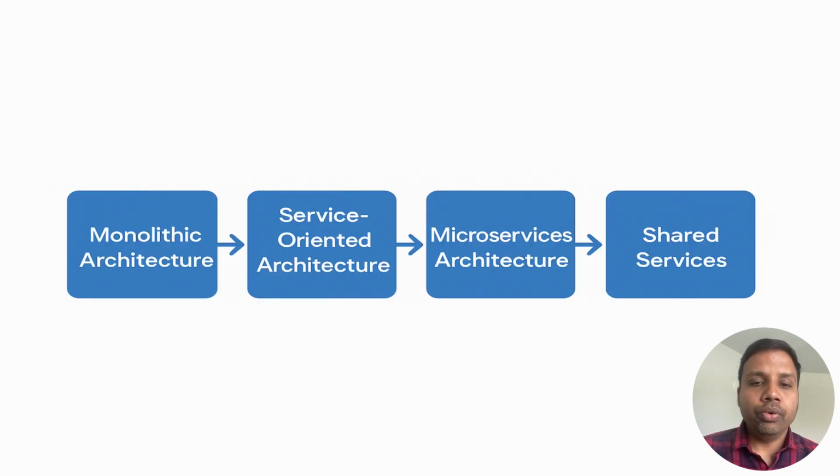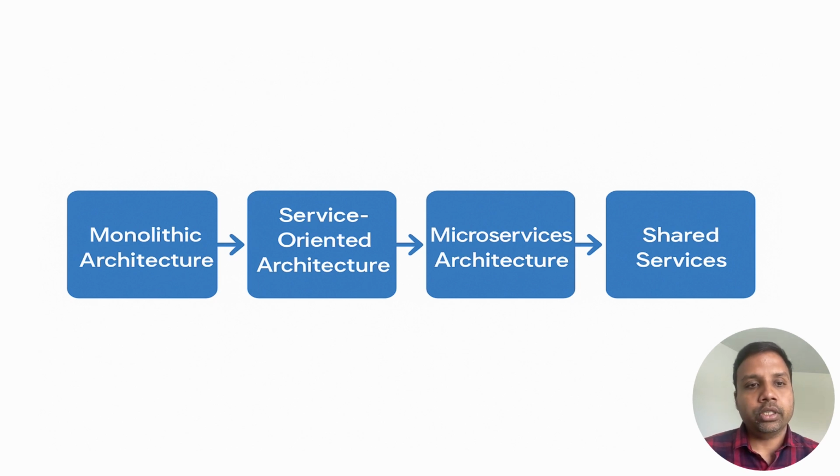Let's also look at how we have evolved over the past 10 to 15 years on building APIs. Initially we had monolithic architectures where we built large APIs, part of a single code base, that handles everything, and they are put on large on-prem servers.